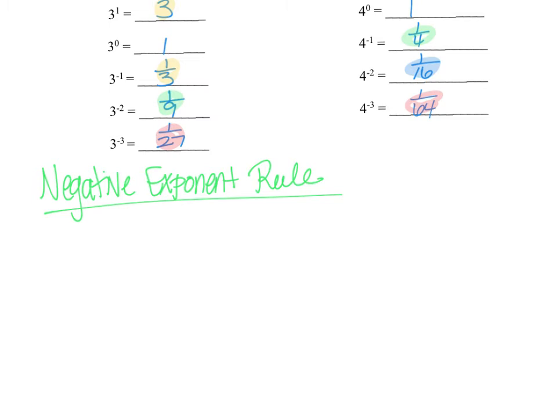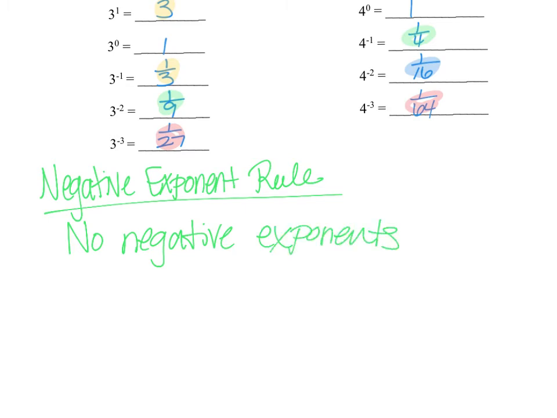It is not considered simplified. It's not right. It is breaking the rules of math. No negative exponents. It's not allowed. So what we do when we have a negative exponent is we send it packing. Just like we don't like negative people, we don't like negative exponents, and we're going to vote them off the island.